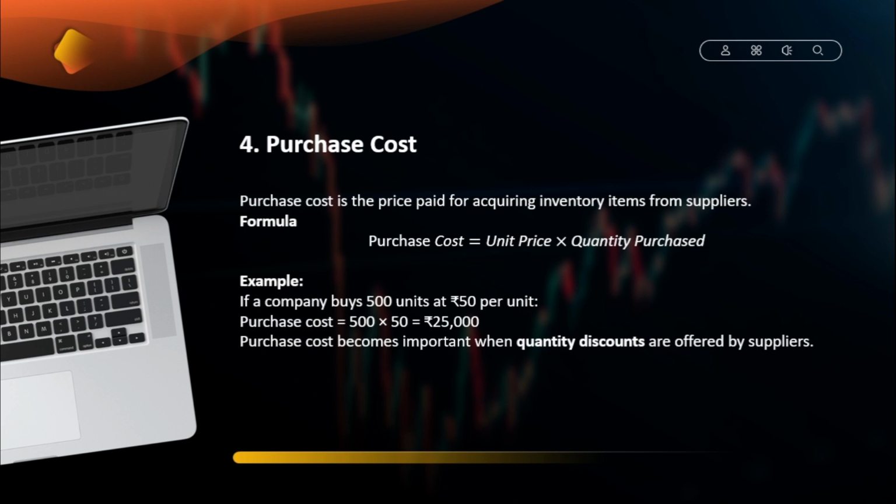For example, if a company buys 500 units and spends 50 rupees per unit, the purchase cost is 500 multiplied by 50, which gives 25,000. The purchase cost becomes important when quantity discounts are offered by the suppliers. So this is about purchase cost. Okay.